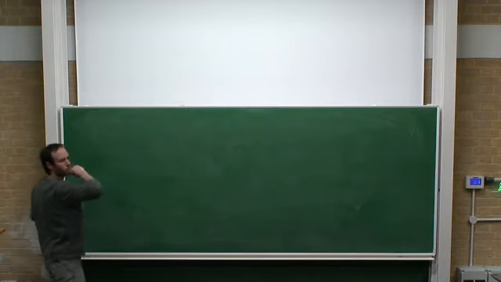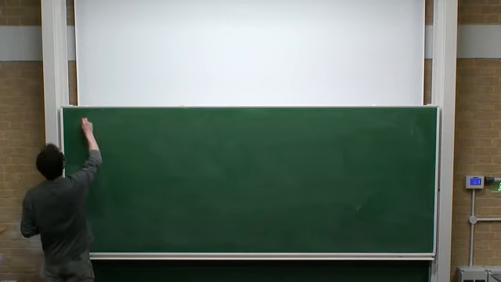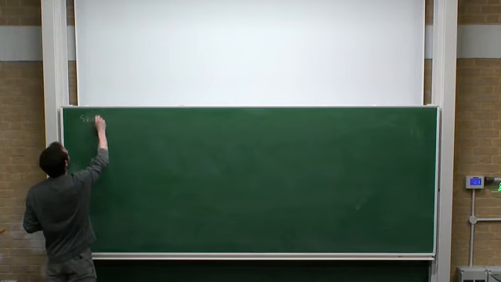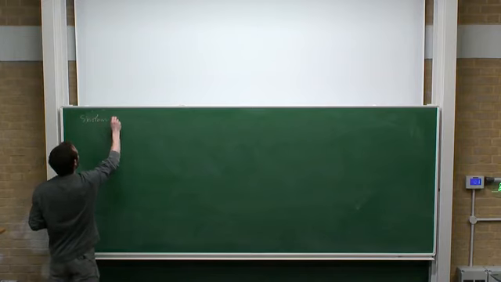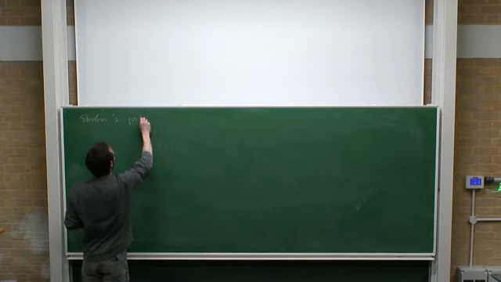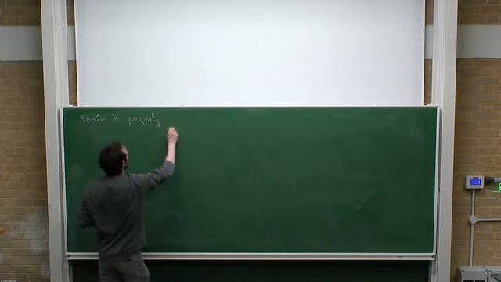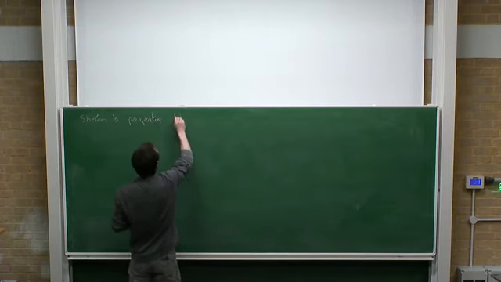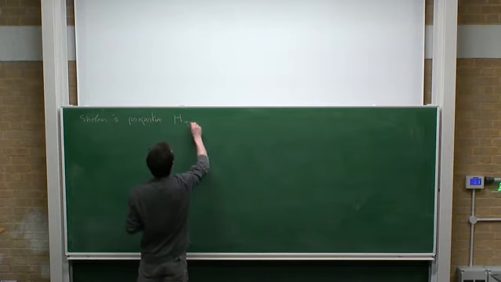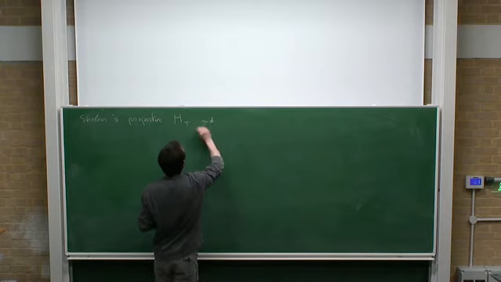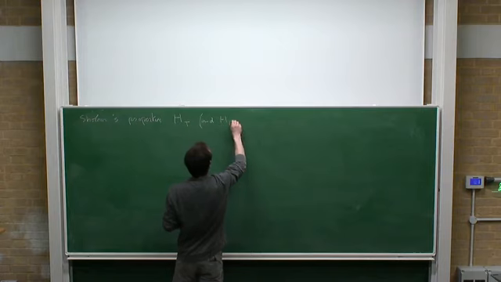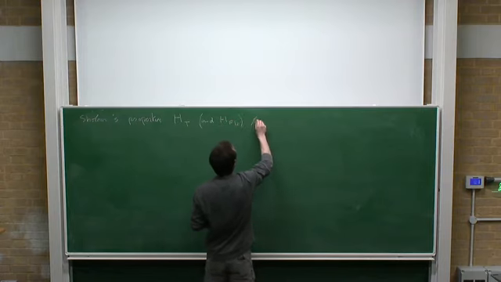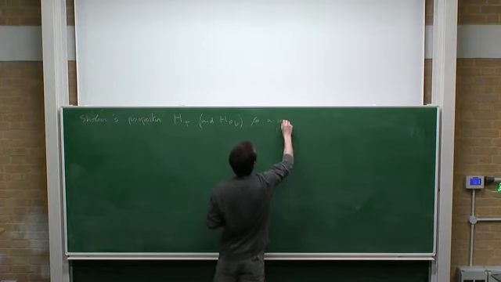So in 2000, Shalom introduced the following property. Actually, I should say properties. There are two of them, HT and HFD for, let's say, countable groups.